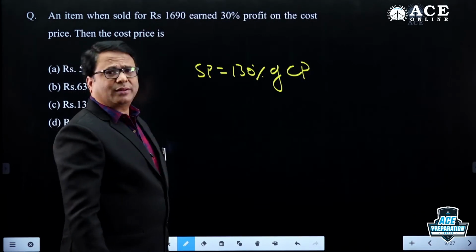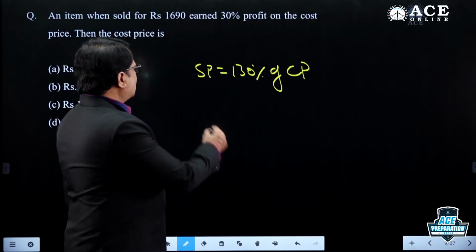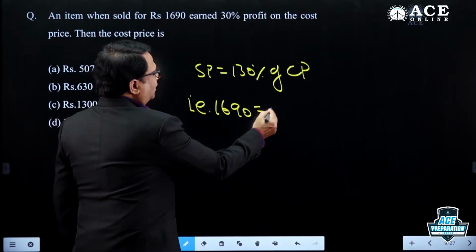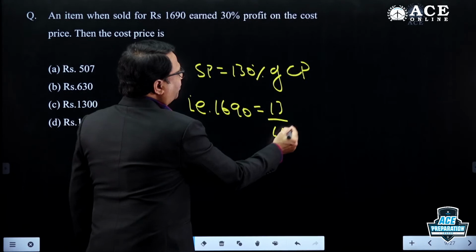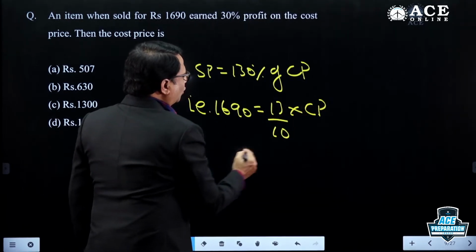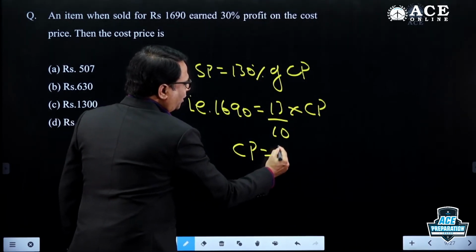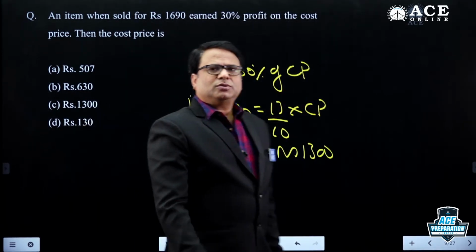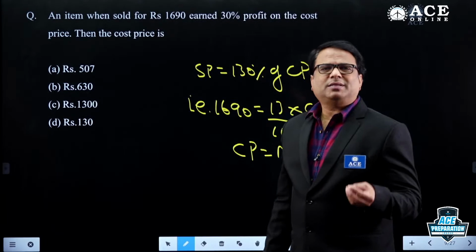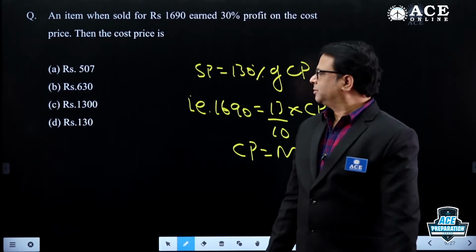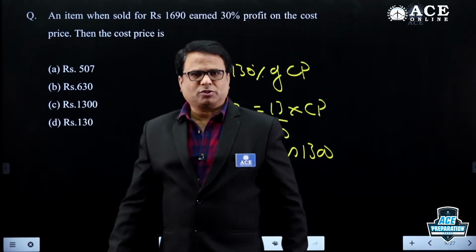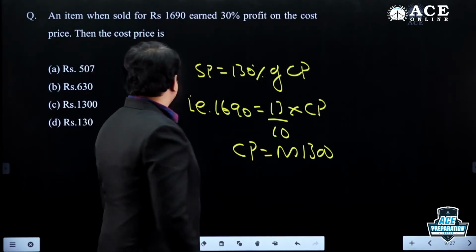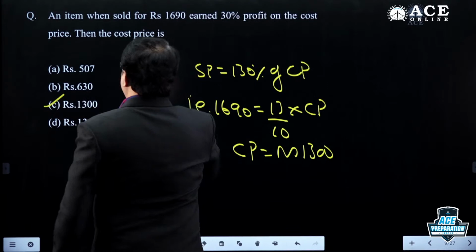Given us how much? 1,690. So I substitute 1,690 on the left side equal to 13 by 10 CP. And if you do this further, you get CP rupees 1,300. So cost price of the item is 1,300 rupees. So the answer would be choice C.